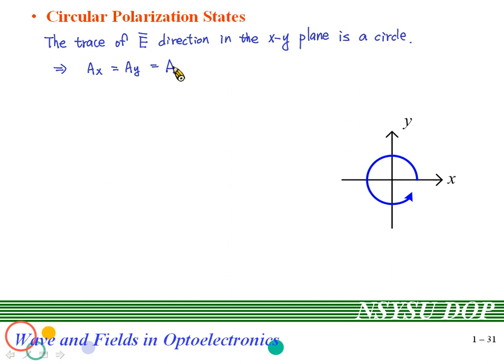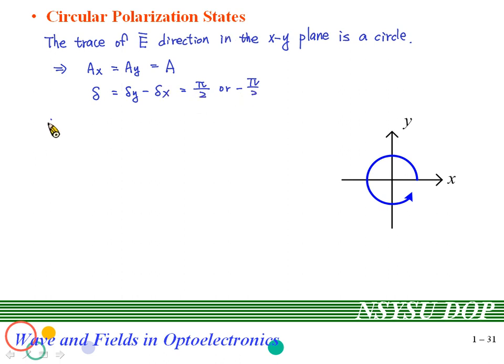And the second condition is that the phase difference delta, which is defined as delta sub y minus delta sub x, should be the value of half pi or minus half pi. For an EM wave satisfying these two conditions, it will form the circular polarization state. So let's see the two conditions here.